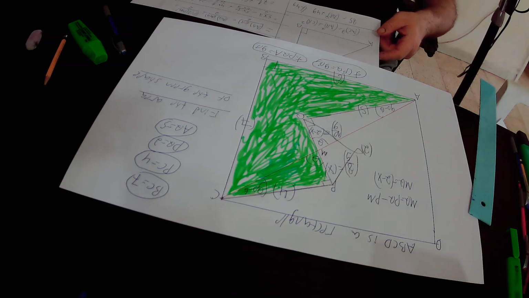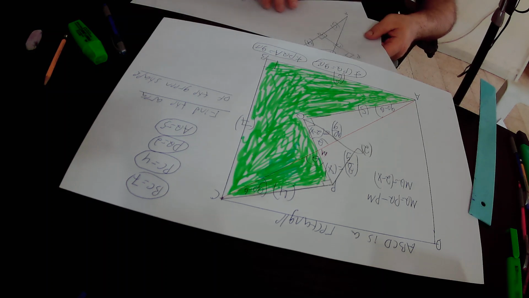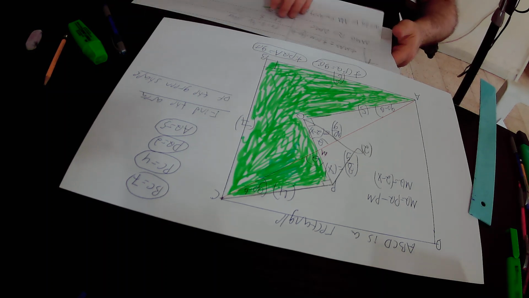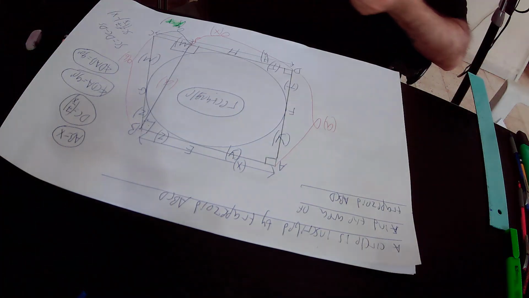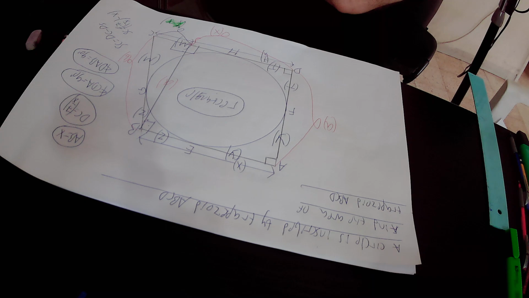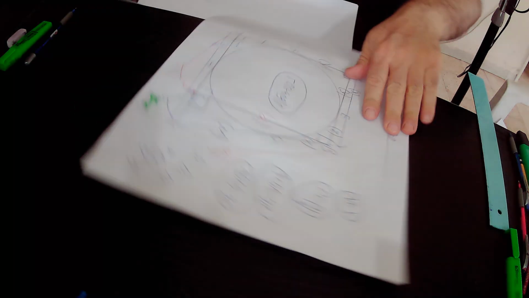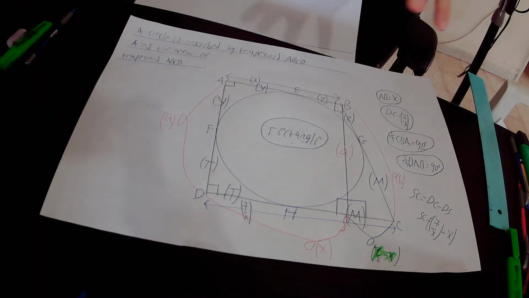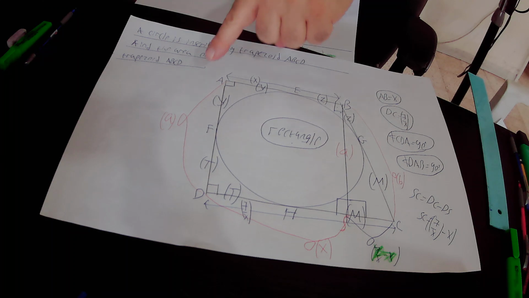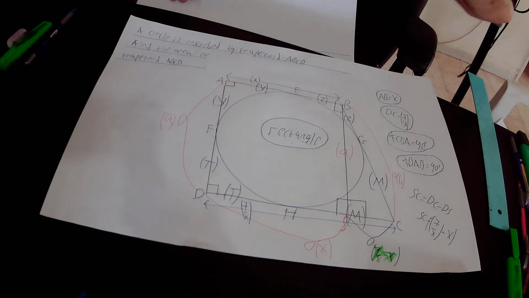We start with the first question, of course. Our mission in the first question is to find out the area of this trapezoid ABCD.